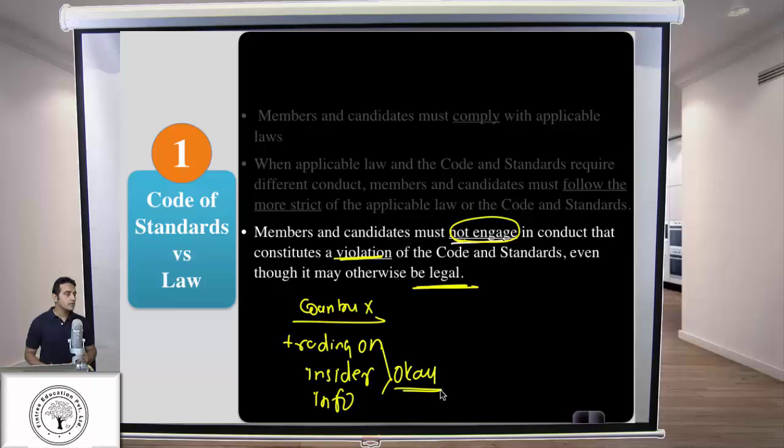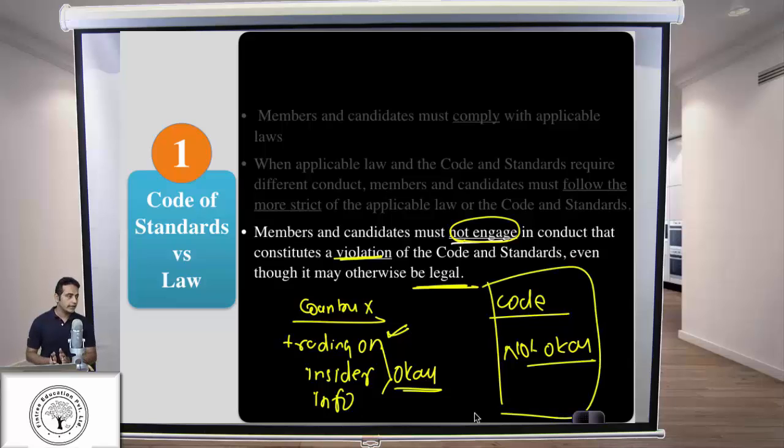Insider information means material price sensitive information. However, the code says that it is not okay. So even if this activity is legal, by the code of standards, the ethical standards, you would not be allowed to trade on that information. Are we together here?